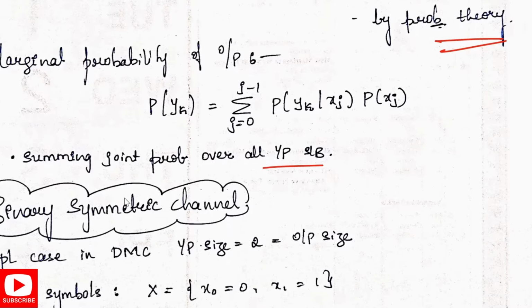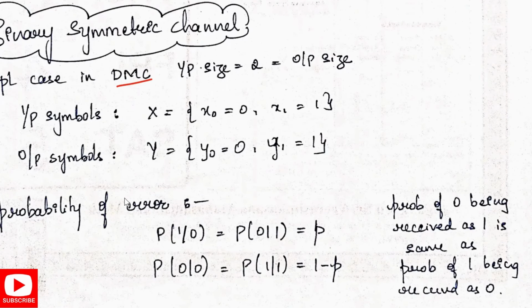Next is the binary symmetric channel. This is a special case of the discrete memoryless channel where the input size is 2 and the output size is also 2. Then my X and Y will be only 0 and 1. The probability p of 1 given 0 is equal to p of 0 given 1, which is equal to P, and 0 to 0 and 1 to 1 will be 1 minus P. The probability of 0 being received as 1 is the same as the probability of 1 being received as 0.